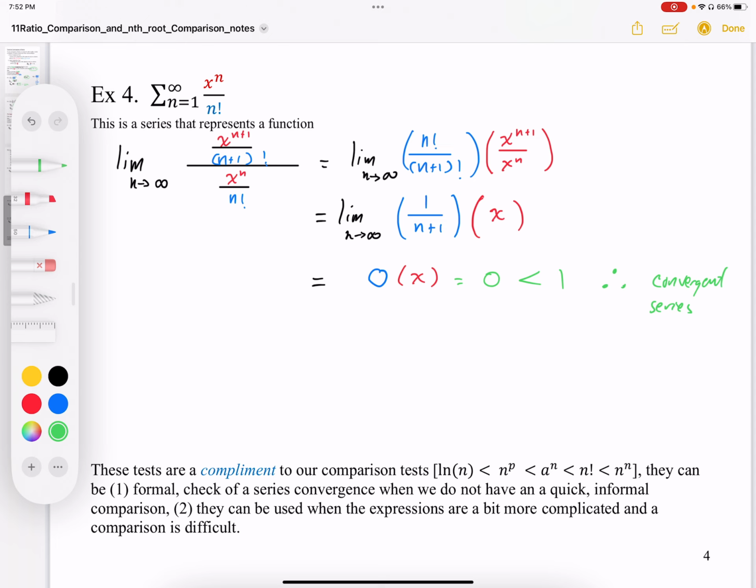Now, what about this x? How can this x affect this series? In this case, it doesn't affect it because of that 0 that we generated here. That 0 makes that x irrelevant. So regardless of what that x is, this series will work. Or in other words, this series can represent that function.